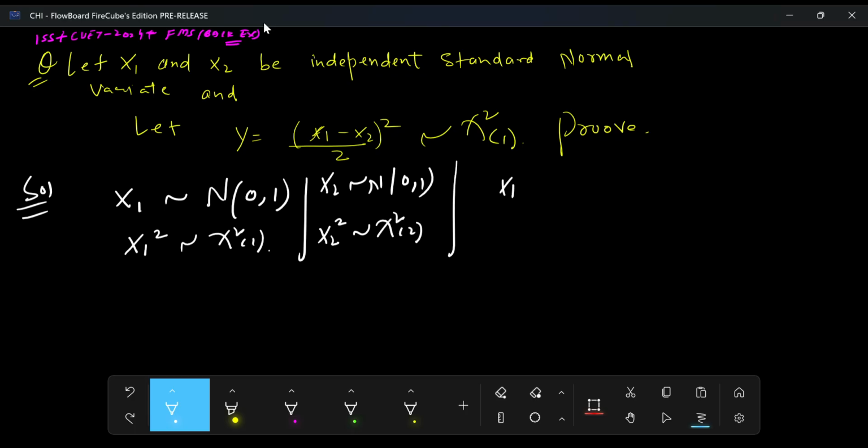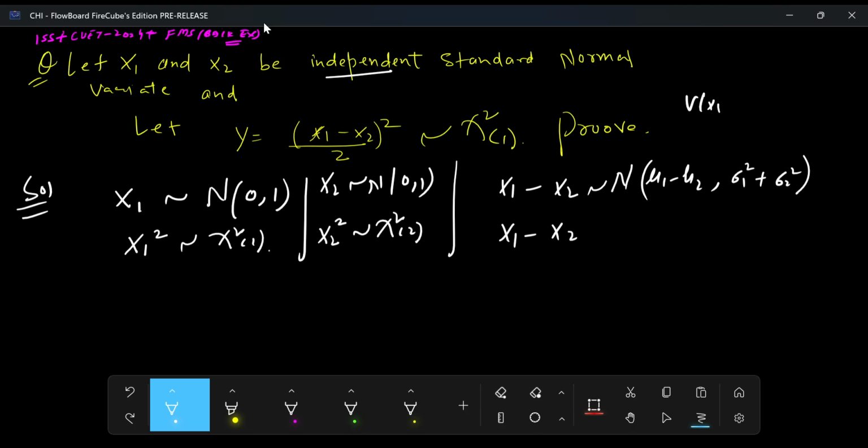Then x1 minus x2 will follow normal mu1 minus mu2, sigma 1 square plus sigma 2 square. As they are IID independent, the covariance term will be 0. The variance of x1 minus x2 will be variance of x1 plus variance of x2 minus 2 covariance x1 x2.